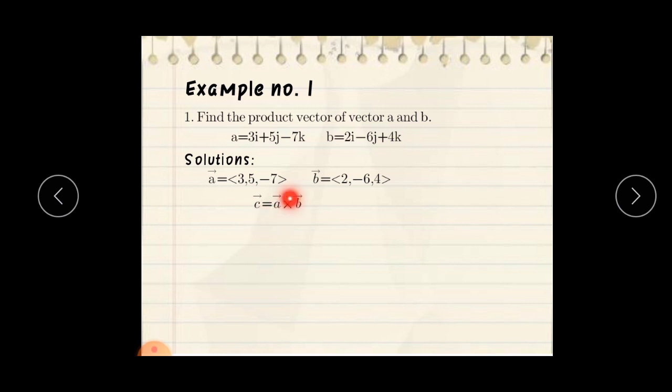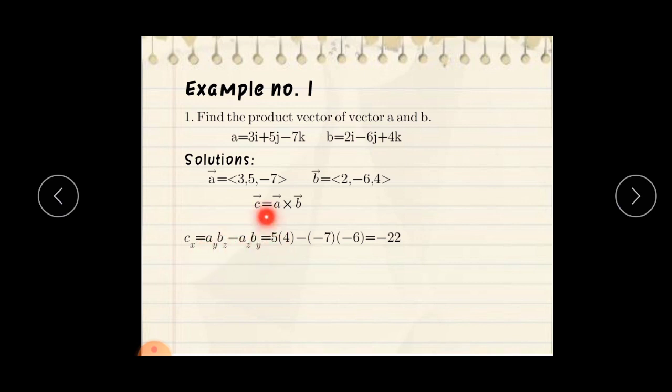So the vector C is equal to the vector product of A and B. We have C sub x is equal to A sub y times B sub z minus A sub z times B sub y.